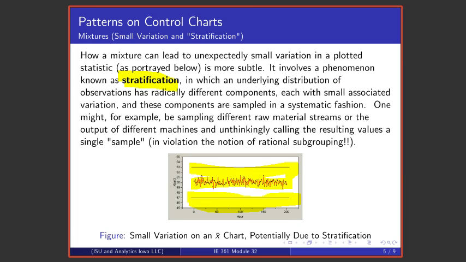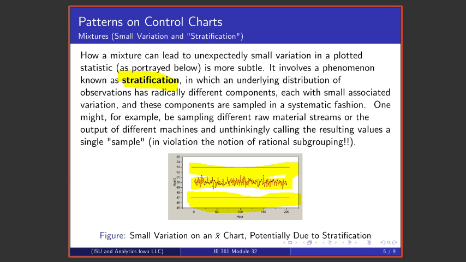So not enough variation on a control chart tells you that you made some kind of an error. You made an error of calculation of limits, or you're naively missing something about the data collection process.